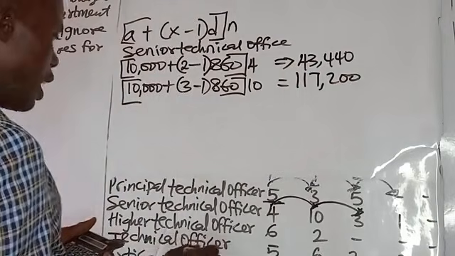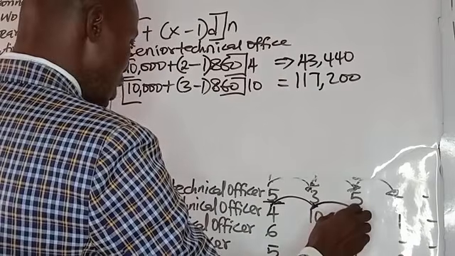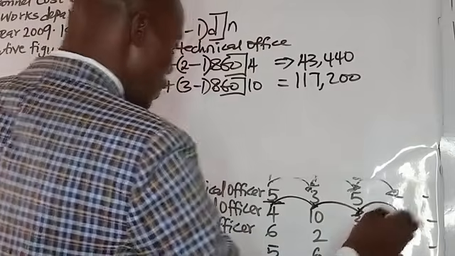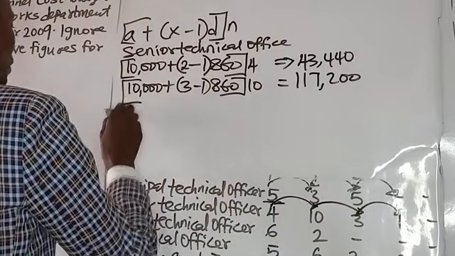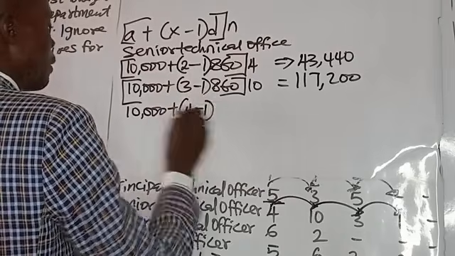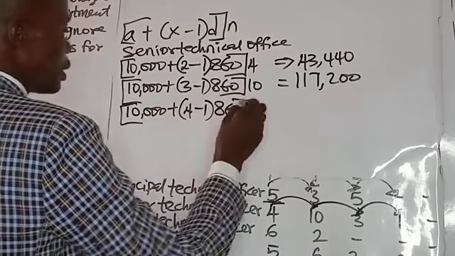We also have 3 employees in step 3 who will now move to step 4. So we have 10,000 plus step 4, 860, and for 3 employees.